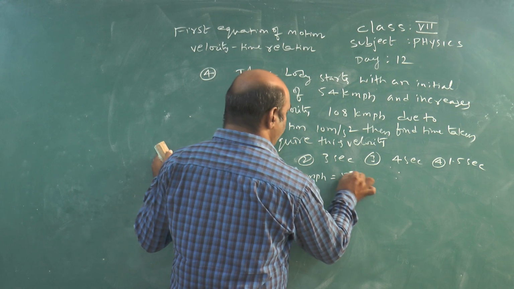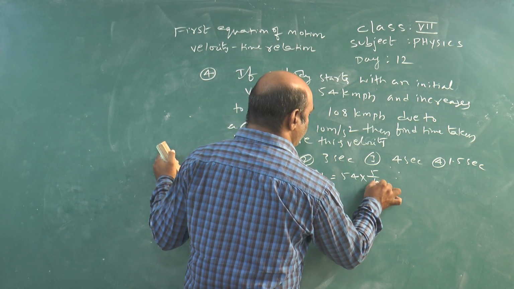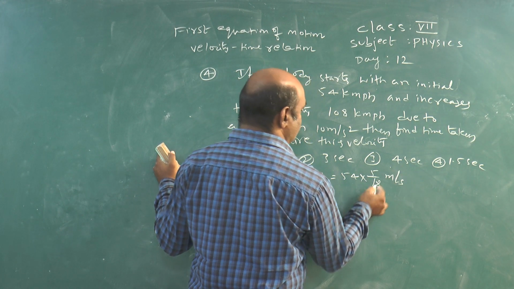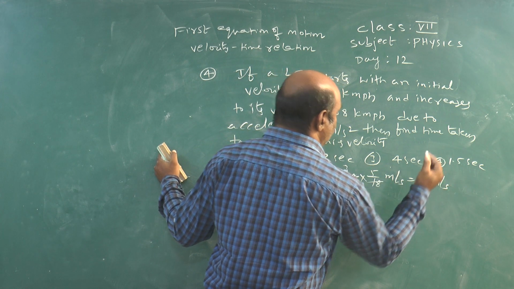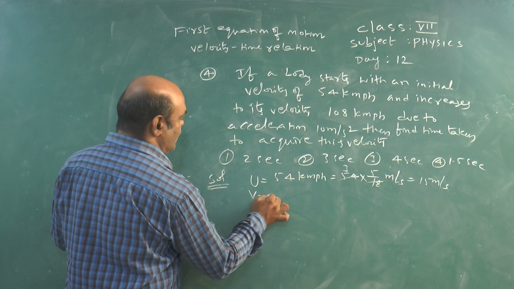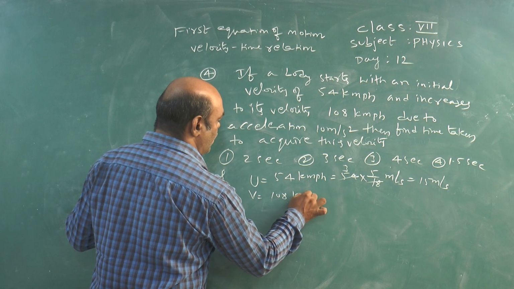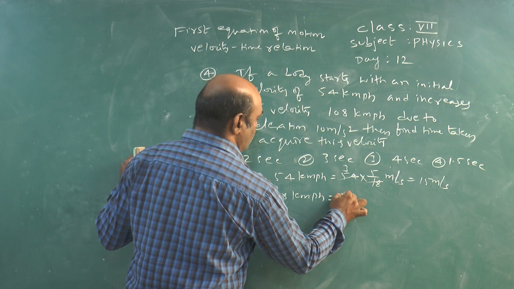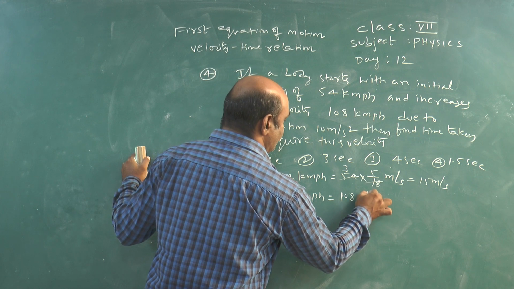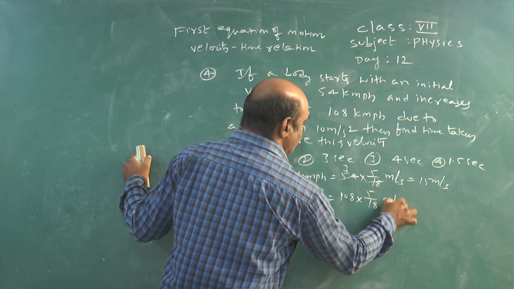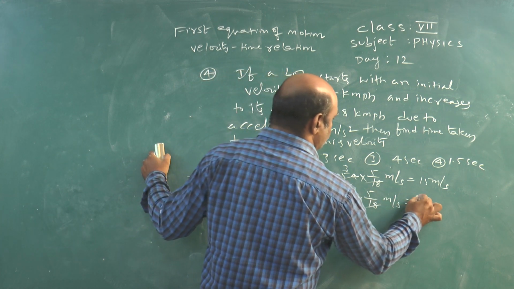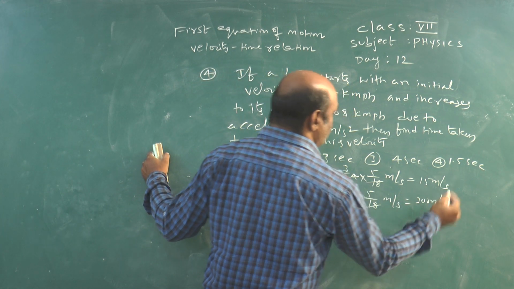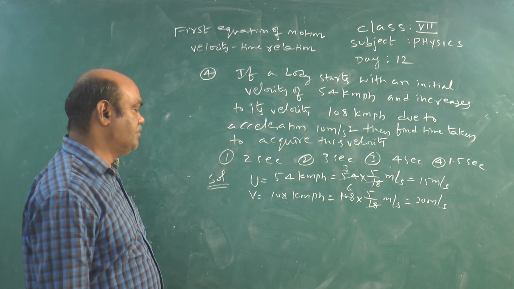So 54 into 5 by 18 meter per second, 3 times 5, is 15 meter per second. Next, the final velocity is 108 kilometer per hour, so 108 into 5 by 18, 6 times 5, so the final velocity is 30 meter per second.